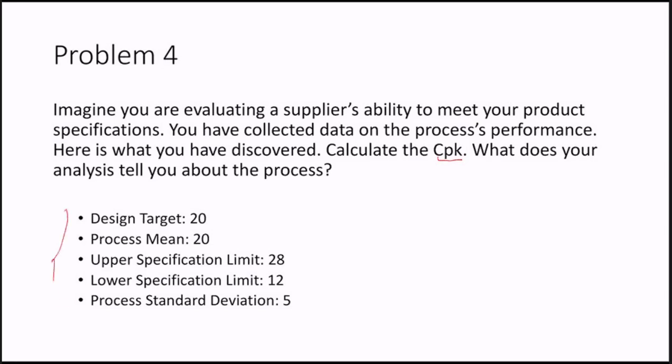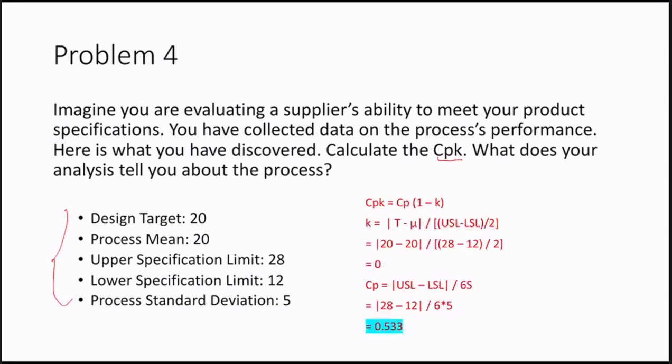Here is the information we obtain: the target value, the average value, the upper specification limits, the lower specification limits, and the standard deviation. According to the formula, the CPK equals CP times 1 minus K. So we need to know the value of CP and the value of K. K equals the absolute value of the target minus the average.